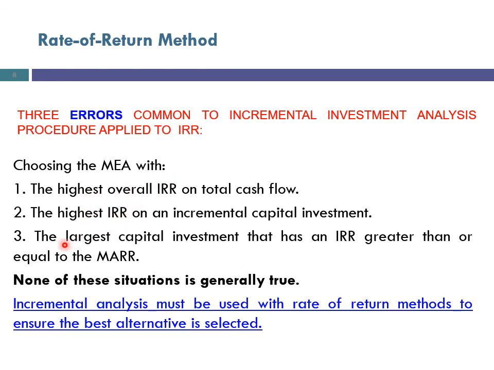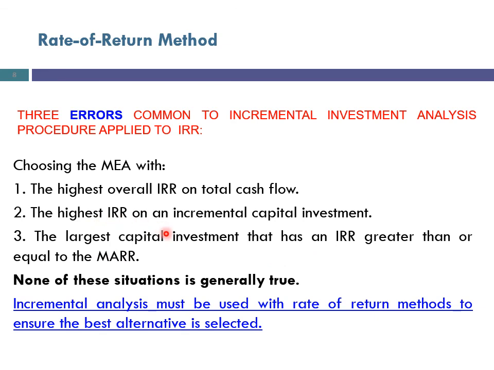And the third common error is selecting the mutually exclusive alternative which has the largest capital investment that has an IRR greater than or equal to MAR. So there are alternative projects.